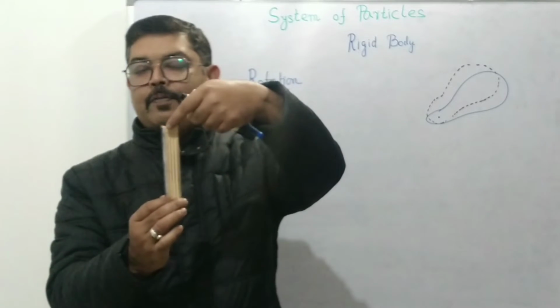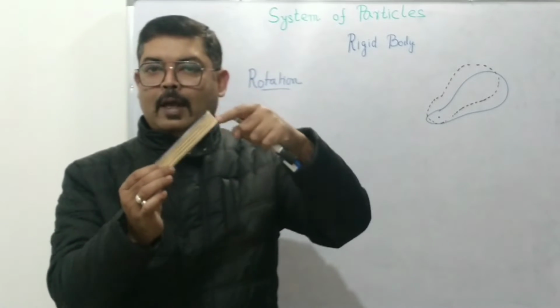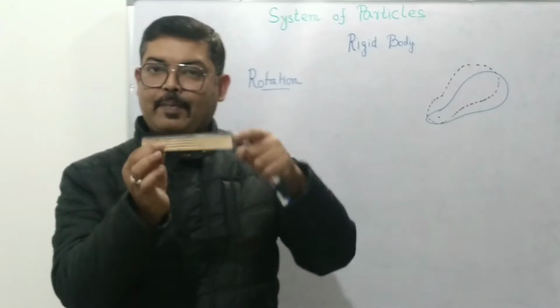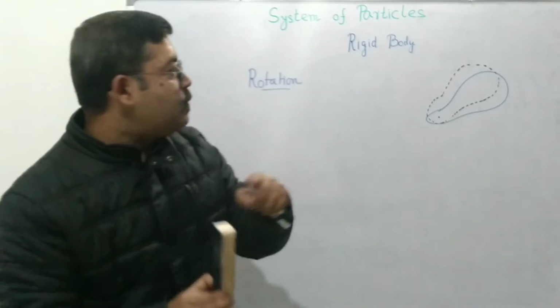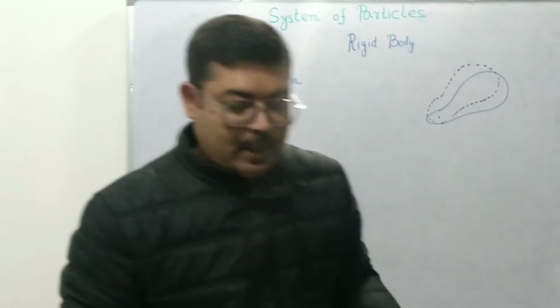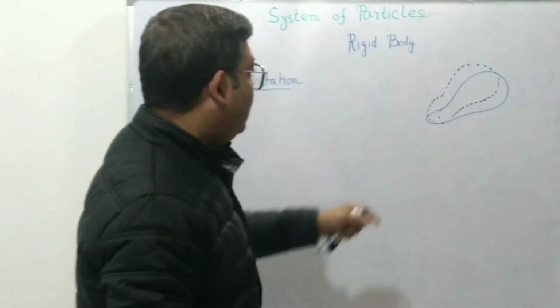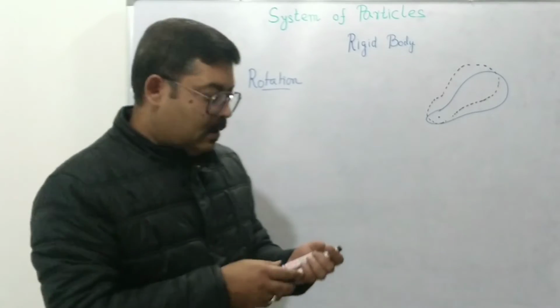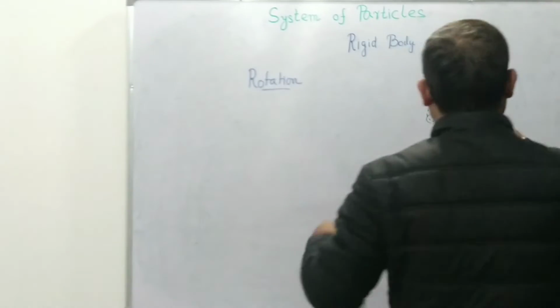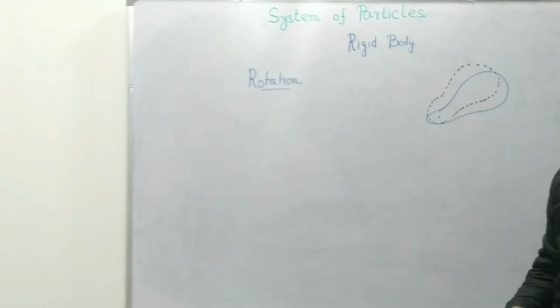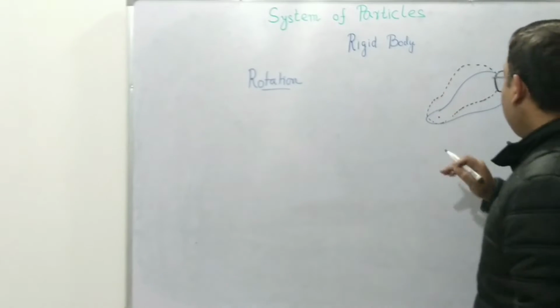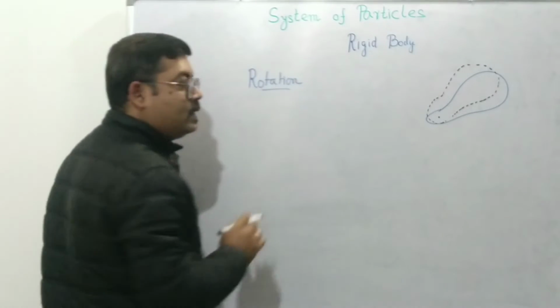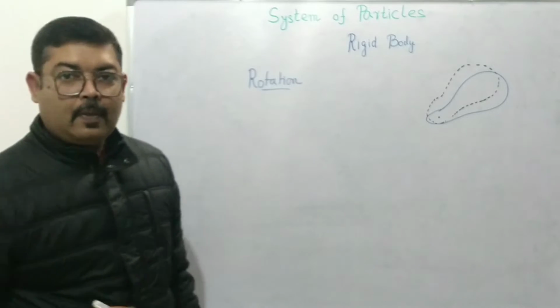Another particle at the other face of the duster will move in another plane, but they are all moving in parallel planes. When all the particles of a rigid body move in parallel planes in a circular path about a given axis which is perpendicular to the plane of the body, then we say that the rigid body is executing a rotational motion.